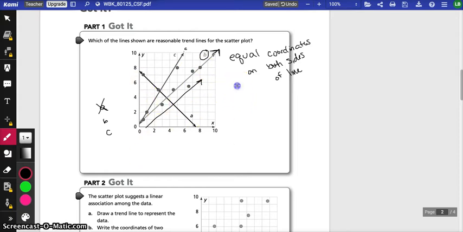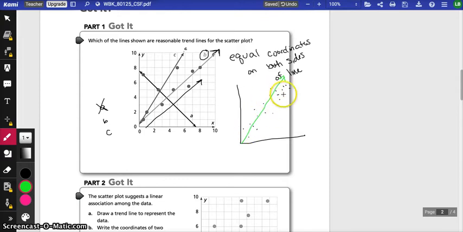Okay, and the reason why, I'm going to draw another one over here. The reason why we look for lines of best fit is so that we can make predictions. Okay, so if this is my data, my line of best fit would be somewhere like this, somewhere through the middle of it.